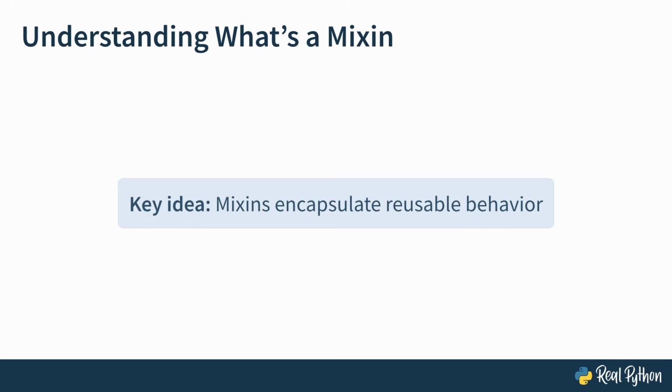You're going to leverage the mechanism of inheritance, but pay attention because inheriting the Mixin class is not the goal. It's just the means through which you get this reusable behavior. But you'll understand this better in the next lesson when you write your first Mixin class.